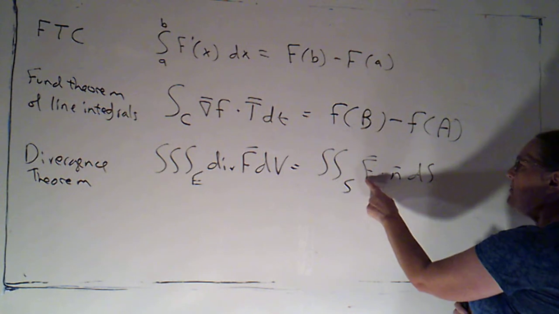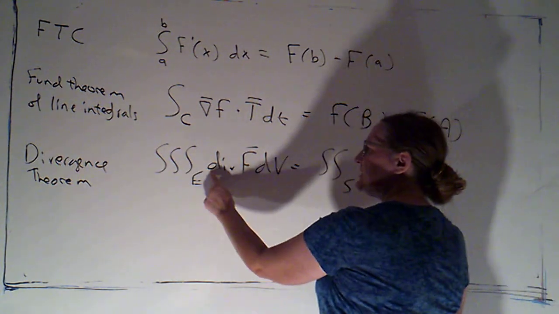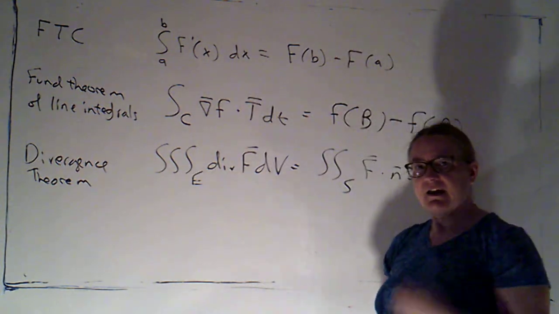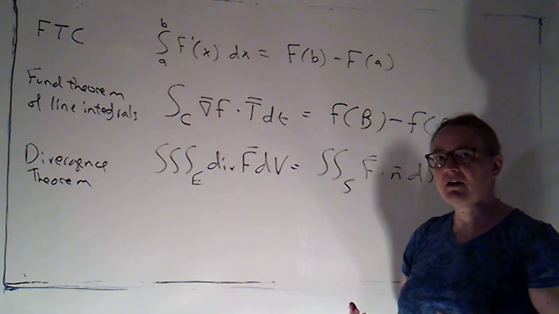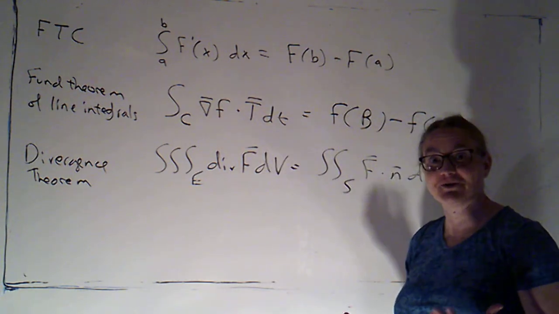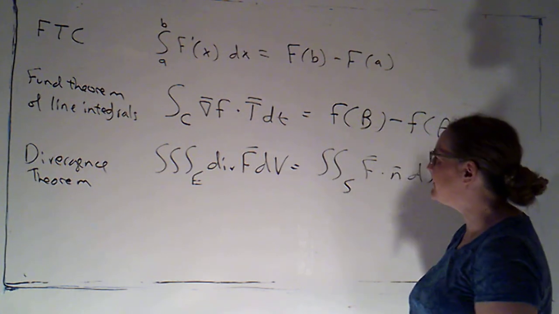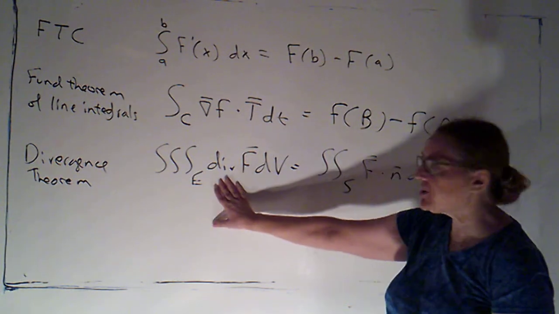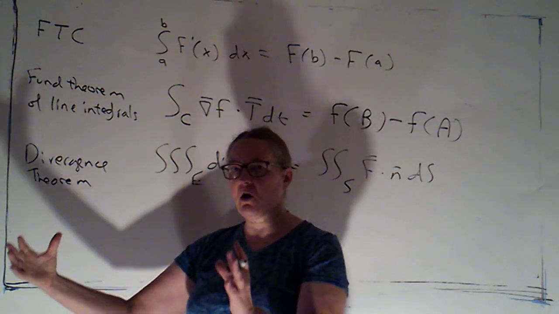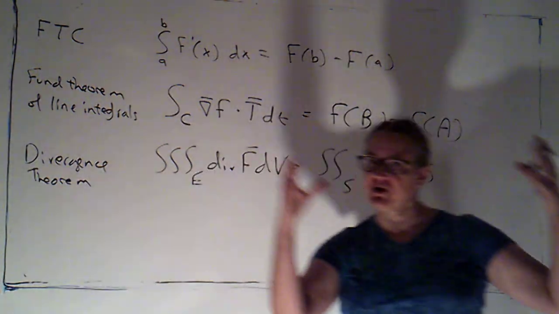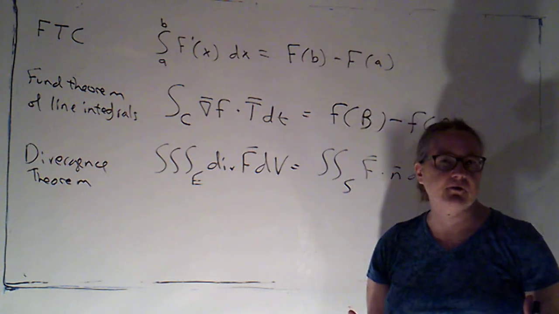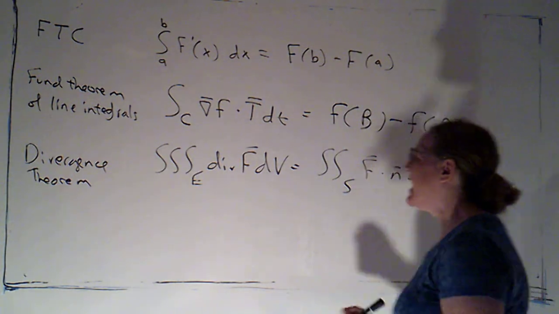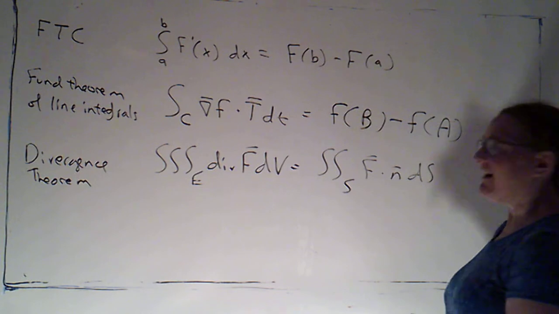But if I look at f and its connection with the divergence of f, that has something to do with derivatives, because this is just a sum of certain partial derivatives of the component functions of f. So again, the function that I'm working with on the region as a whole is connected to the function that I'm working with on the boundary by some form of differentiation.